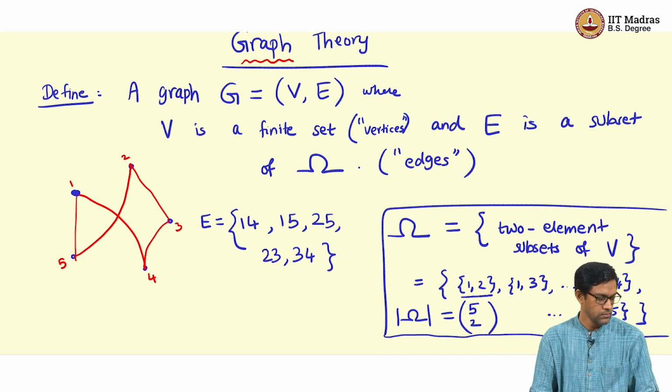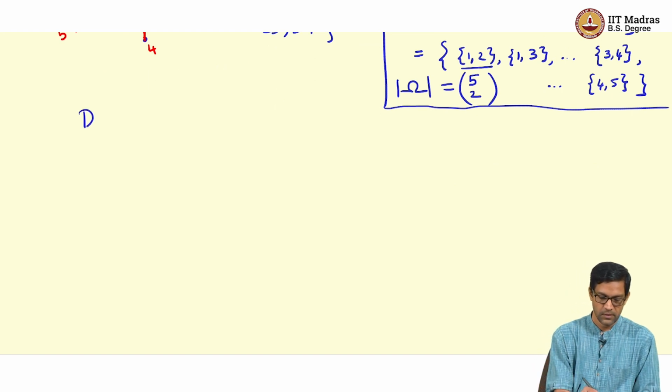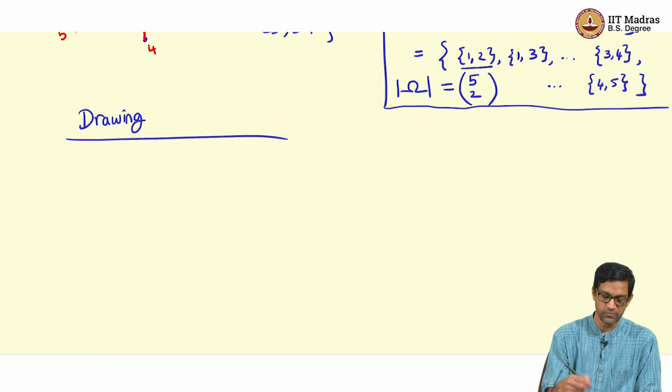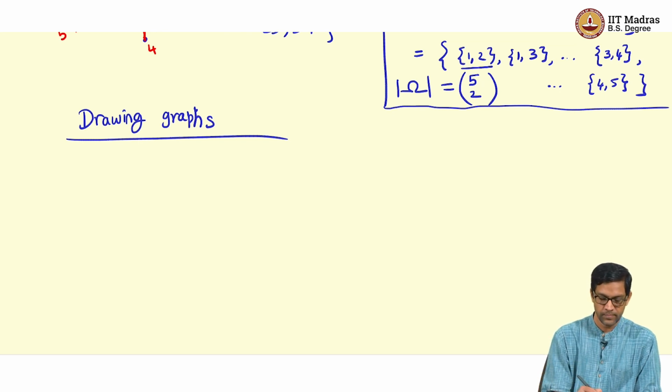Now, the thing that we often do is, rather than this formal picture, rather than thinking of it as vertices and edges, we often try to think of it in terms of pictures, and when we draw graphs we have to be wary of one thing. So, for example, let me draw a graph with 4 vertices.